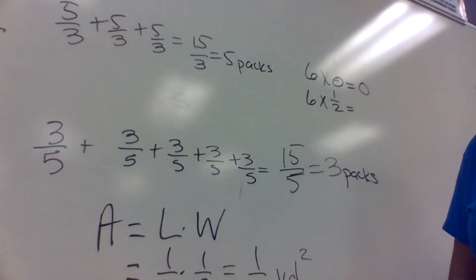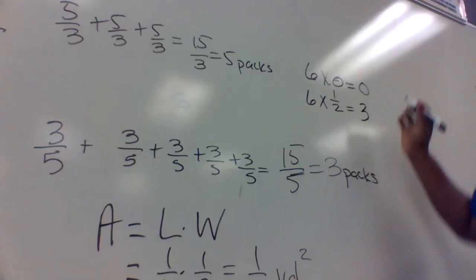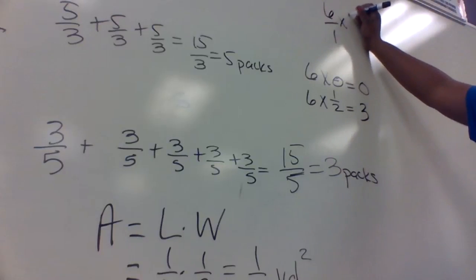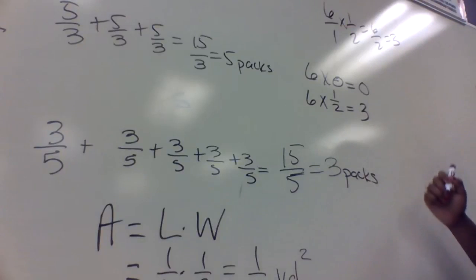What's 6 divided by 2? 3. 6 times a half is just like 6 over 1 times 1 over 2. That's 6 divided by 2, which is 3. That's how you do it, okay?